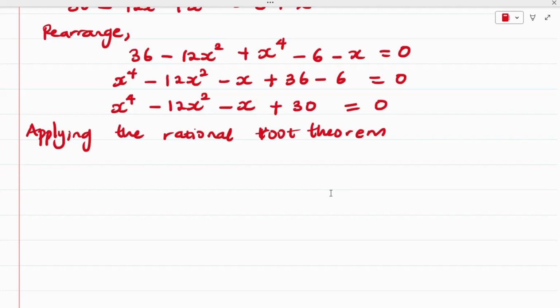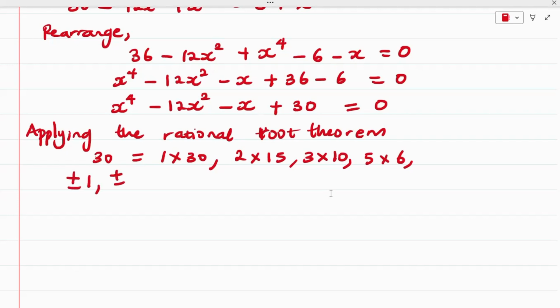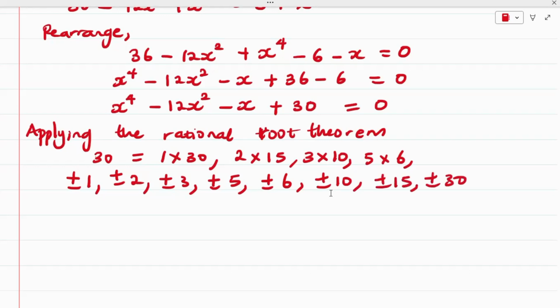So for the constant term 30, we have 1 times 30, we also have 2 times 15, 3 times 10, 5 times 6, and so on. So from here we can say that the possible rational roots are plus minus 1, plus minus 2, plus minus 3, plus minus 5, plus minus 6, plus minus 10, plus minus 15, and plus minus 30. So these are the possible roots for 30 right here.